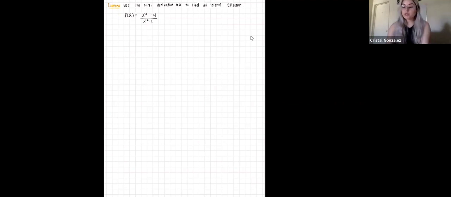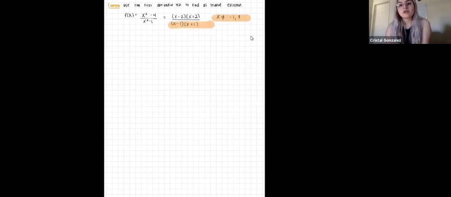Hopefully after seeing this function, your instinct told you to factor it as x minus 2 times x plus 2, all over x minus 1 times x plus 1. This tells me right now that in my domain, I have to exclude -1 and +1, because I don't want my denominator to be equal to 0 at any point.